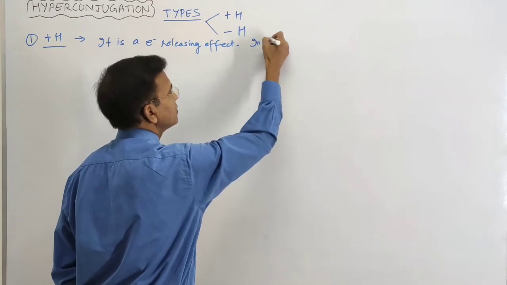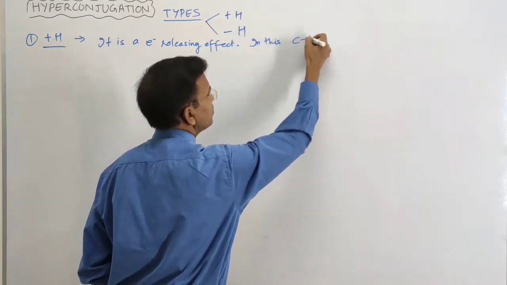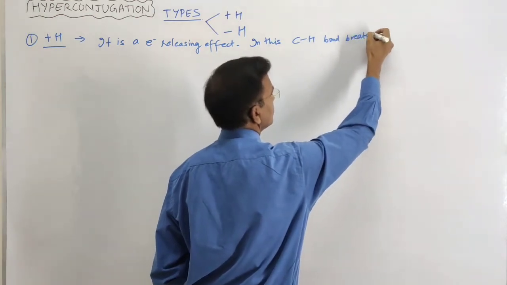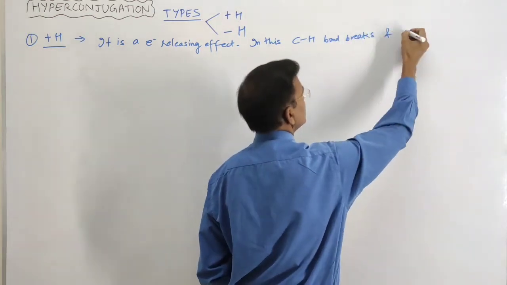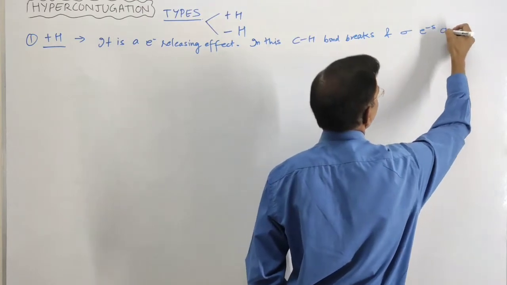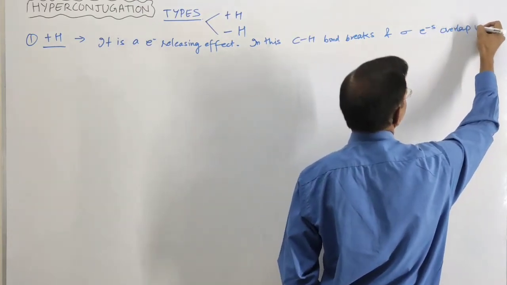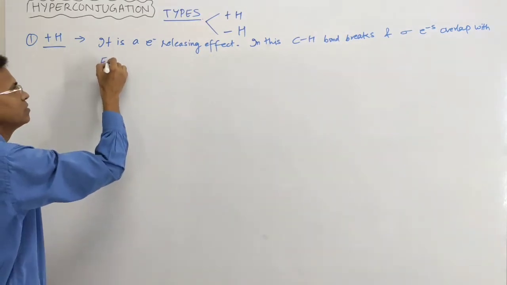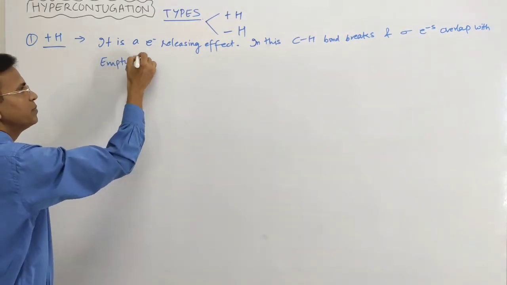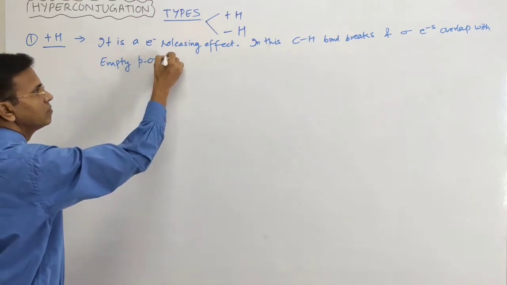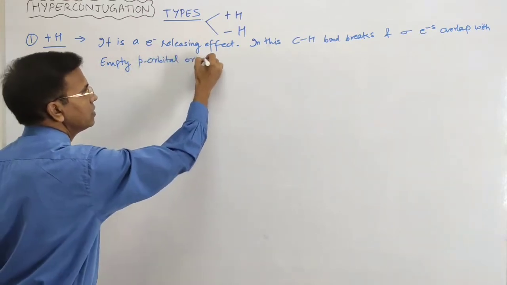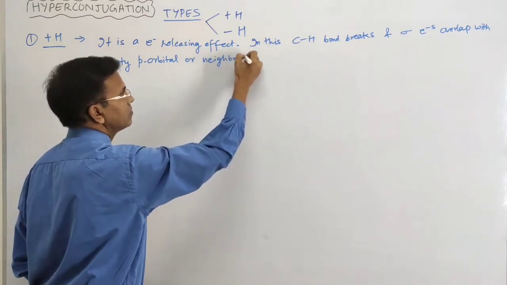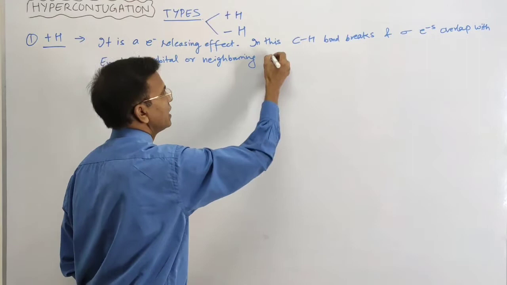In this, the CH bond breaks and the sigma electrons overlap with the empty p orbital of the neighboring carbon atom.